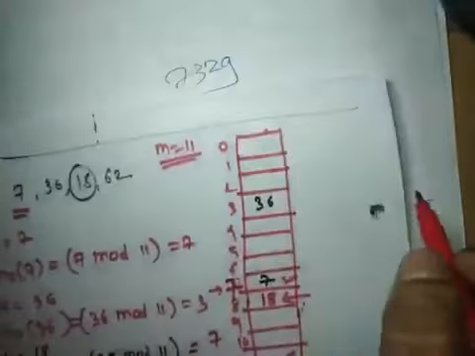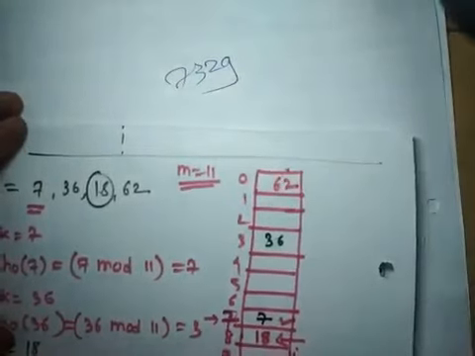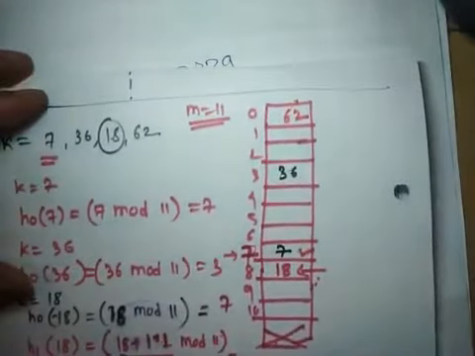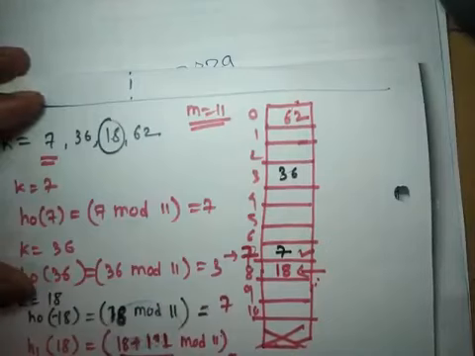So at index value 0 we are going to store that 62. This is what quadratic probing.